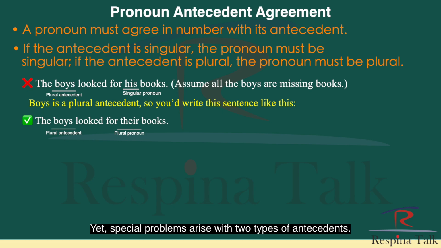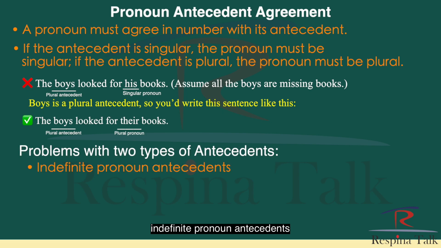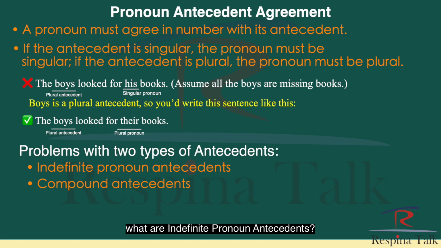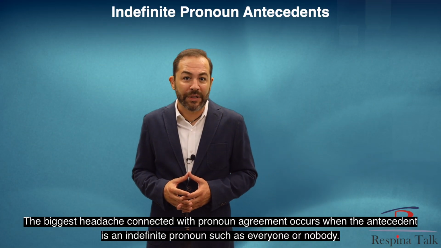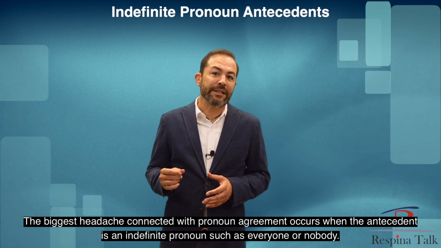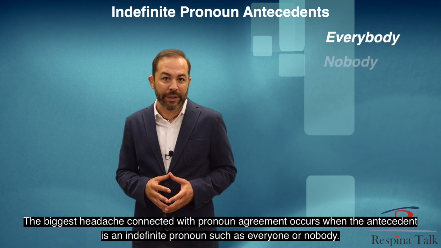Yet, special problems arise with two types of antecedents: indefinite pronoun antecedents and compound antecedents. What are indefinite pronoun antecedents? The biggest headache connected with pronoun agreement occurs when the antecedent is an indefinite pronoun such as everybody or nobody.